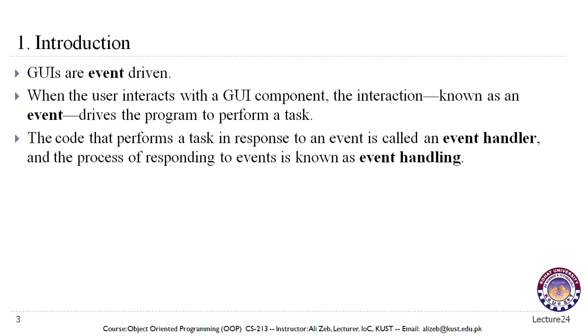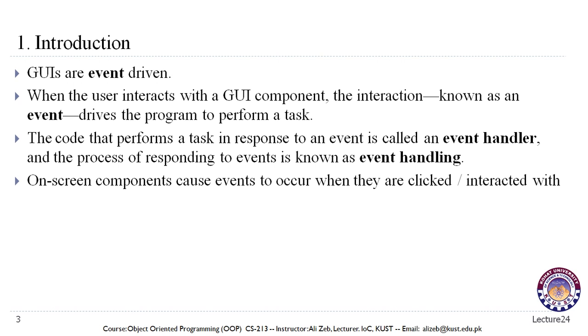For example, if we click on a button, there must be some event handler for that button that does what we want the button to do. That process is called event handling, and the code that performs that task is called the event handler.